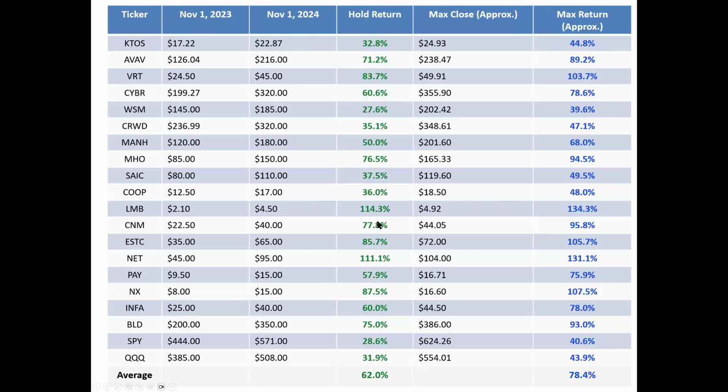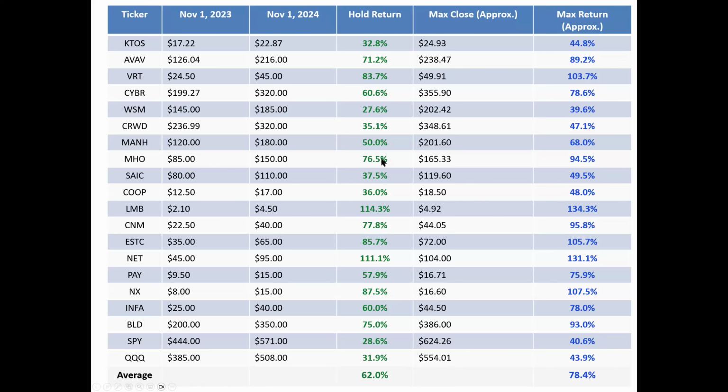And there were no single digit returns. There were no returns under 20 bucks. There were only two stocks that were under 30 bucks, and that's, by the way, the S&P 500. That's one. And then Williams, I think that's Williams Sonoma, is the other. Everything else is just a great, great return for a year.